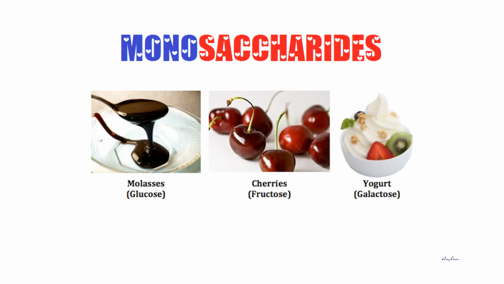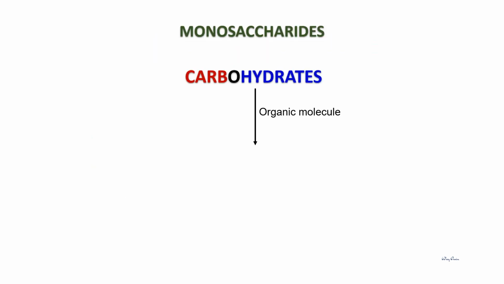There are 3 examples of monosaccharides, which are glucose, fructose, and galactose. Each of these can be found in your food source. Monosaccharide is the simple sugar which consists of only one unit of sugar.